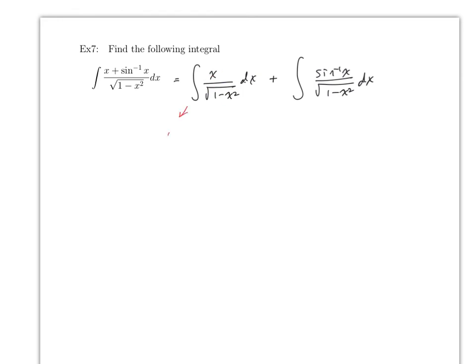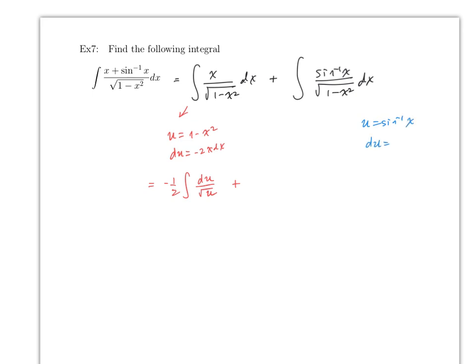For this part, you can just say u is equal to 1 minus x squared. So du will be minus 2x dx. So therefore, the first integral is going to be minus 1/2 du over the square root of u. And for the second one, here you can say u is equal to sine inverse x.